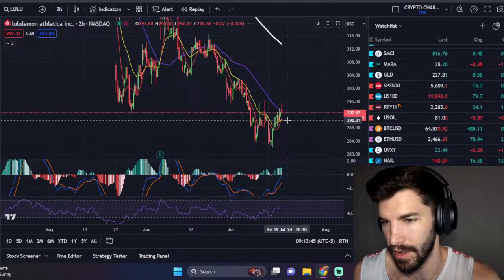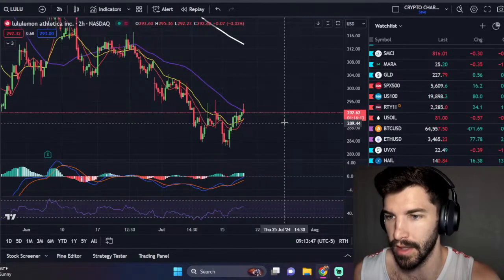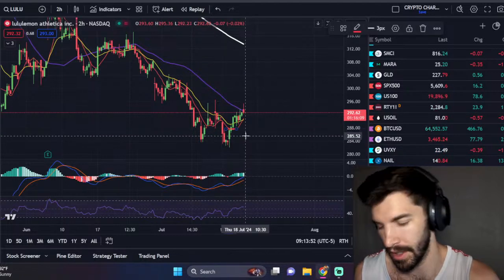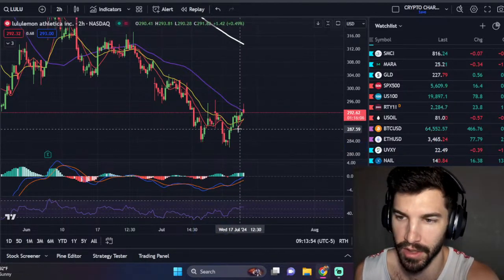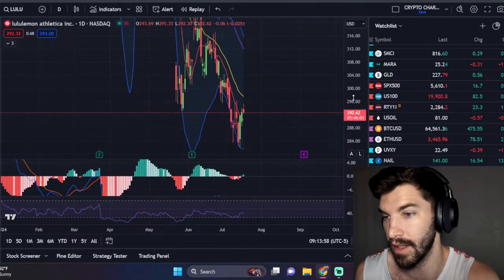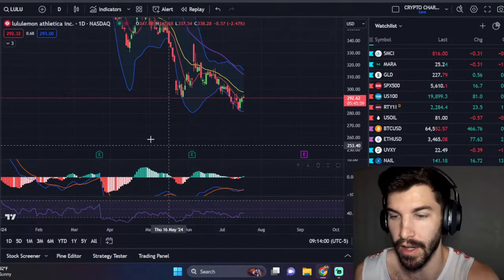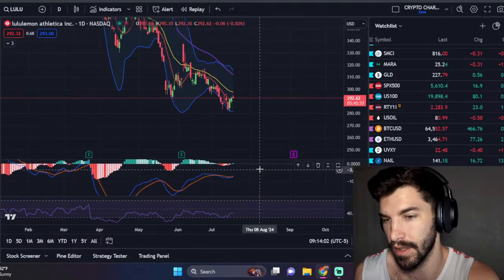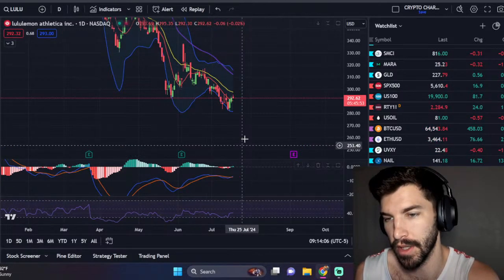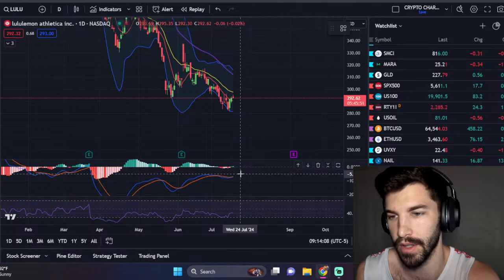This is the 2 hour divergences. The main thing with Lulu to point out was the 2 hour divergence right here that ended up confirming, which tells you there's weakness in momentum, a good base, and you can see some kind of bounce. Now you want to see if that daily is able to turn around. You do have divergence at the lows here, which is a good sign for an upward move. But I know where this MACD is.